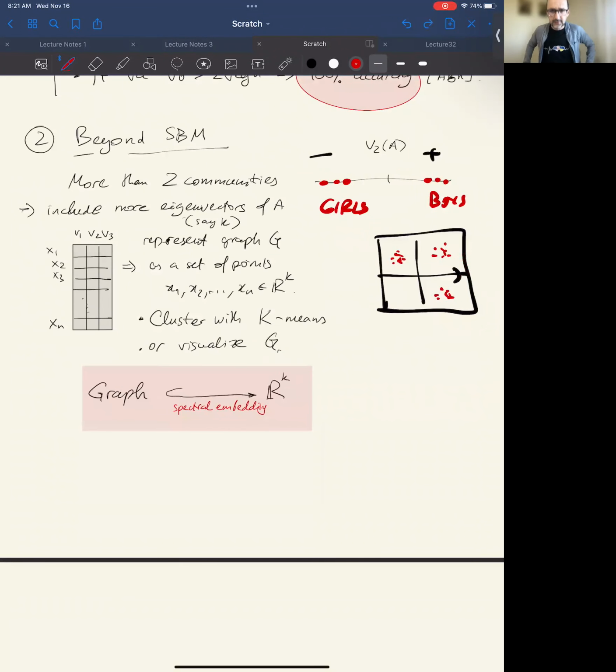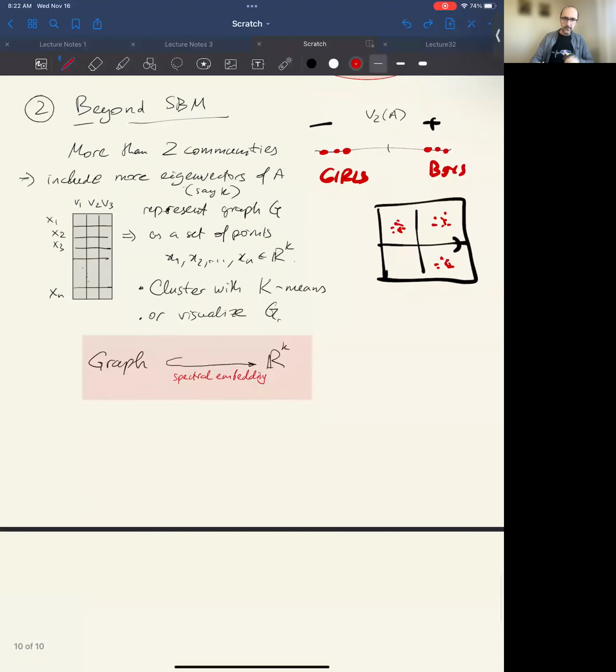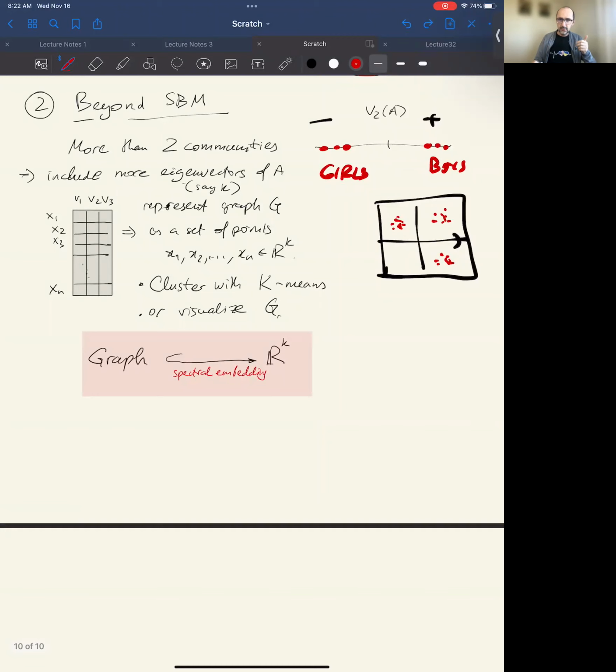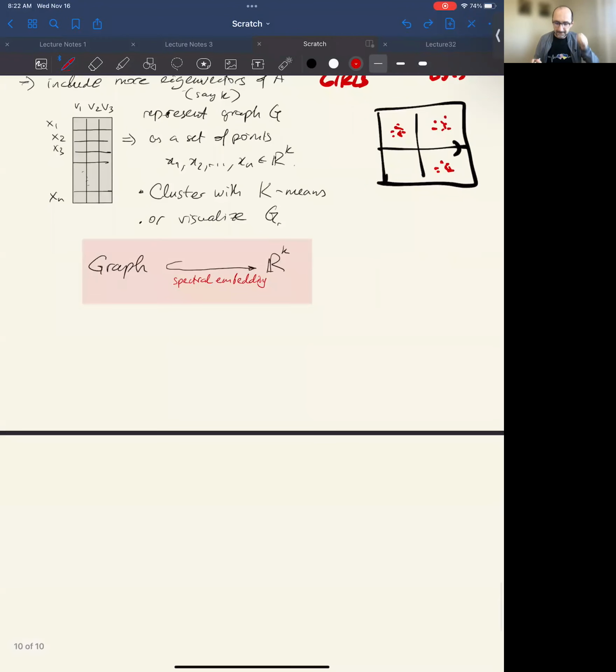And I'll give examples of how it works. Okay, guys, do you understand spectral embedding now? Yeah, just compute the eigenvectors, look at the rows, and they will give you the embedding. Good. Any questions on spectral embedding? Cool. So we found a way to geometrize the graph, to represent it as a set of points, make it a geometric object. Very nice.